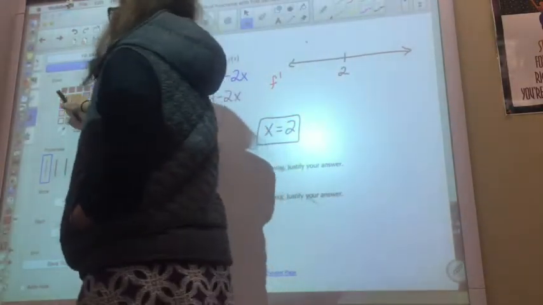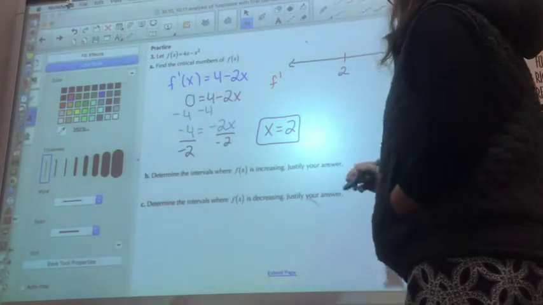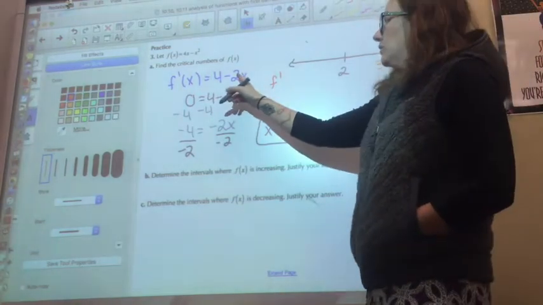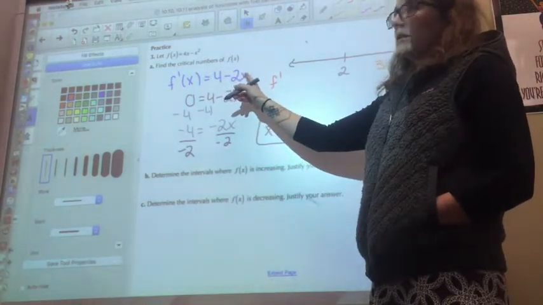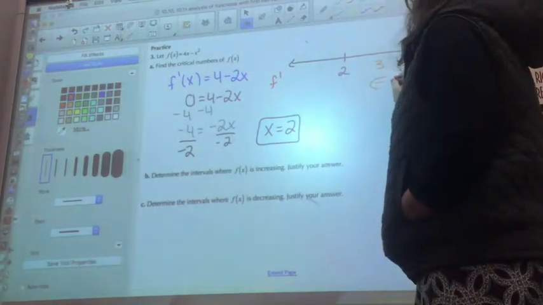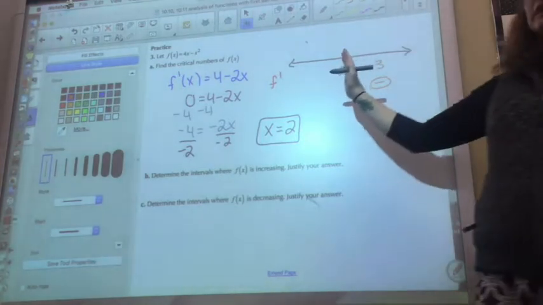What's a number that's bigger than 2, guys? 3. So I'm going to plug 3 into my derivative. What's 2 times 3? 6. And 4 minus 6 is? I honestly don't care what number it is, I just care that it's negative. What's a number less than 2?